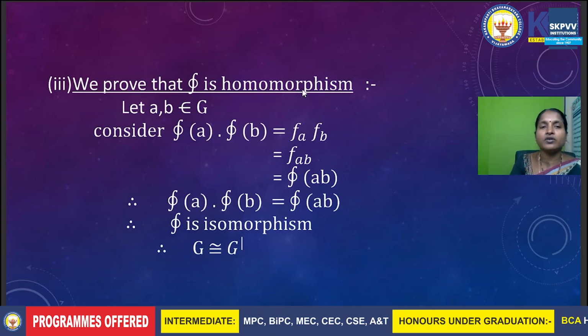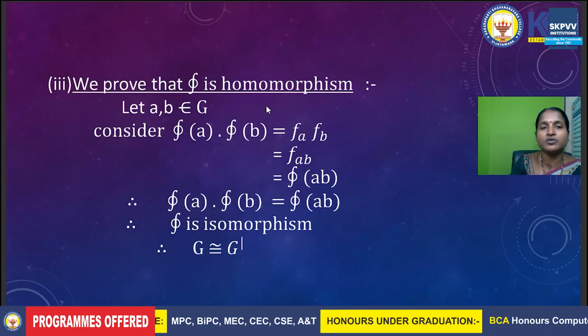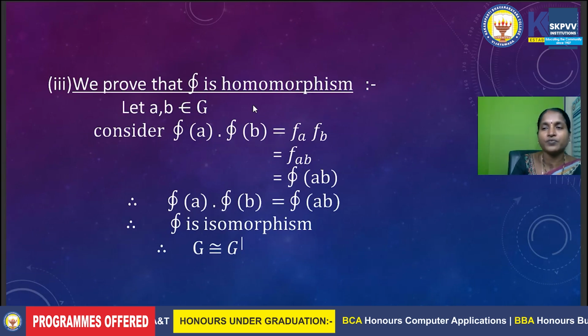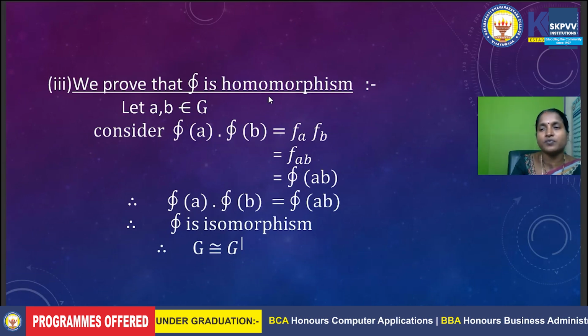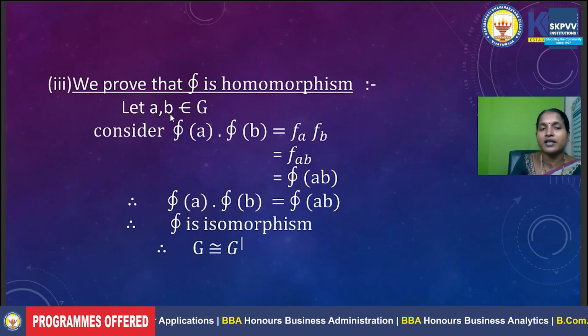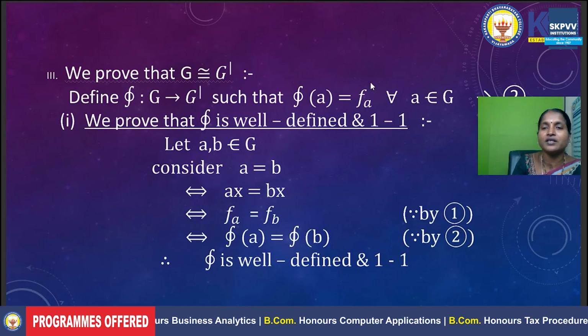You know what is meant by the homomorphism condition: if f of ab is equal to f of a into f of b is satisfied, then you can say that f is a homomorphism. We want to prove that phi is a homomorphism, so let a, b belong to G. Now consider phi of a into phi of b. As per the above definition, phi of a is fa, phi of b is fb.